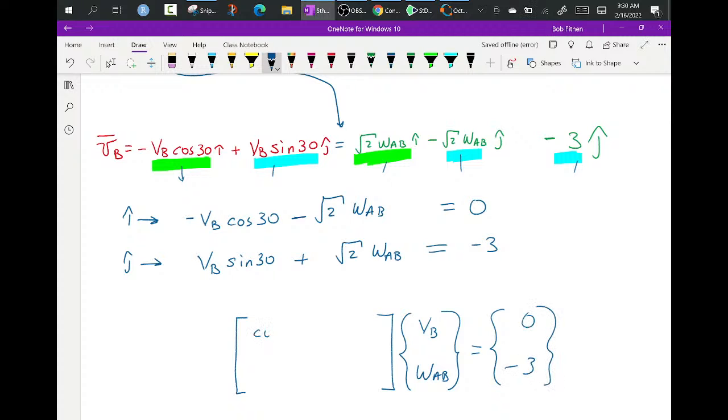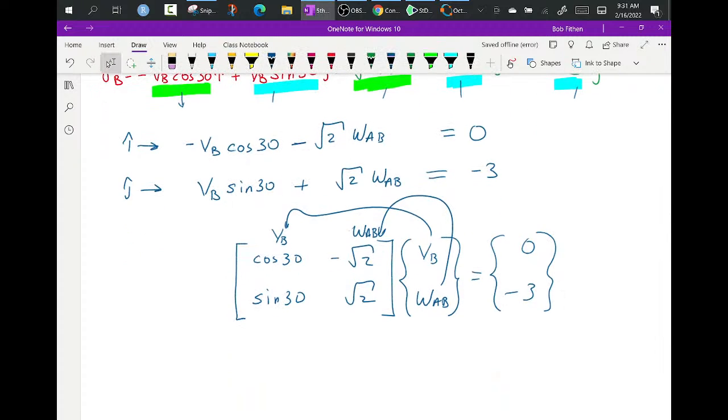And what I can do is cosine 30 minus square root of 2. And of course, this is this column, the coefficient for this, and then the coefficient for this. Now, I should be able to put this in Octave.